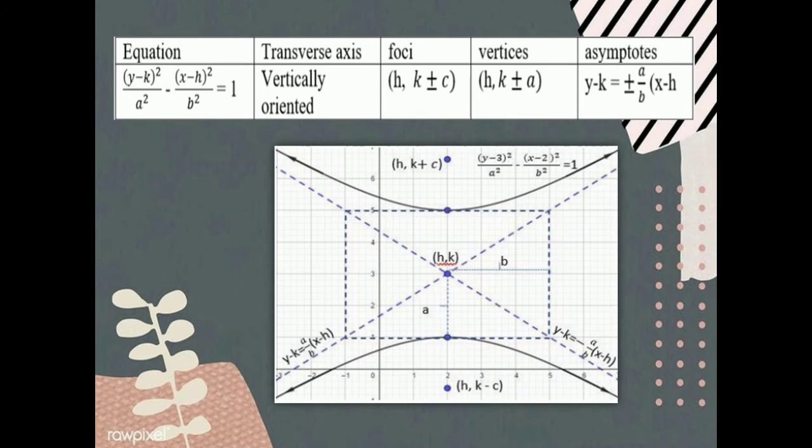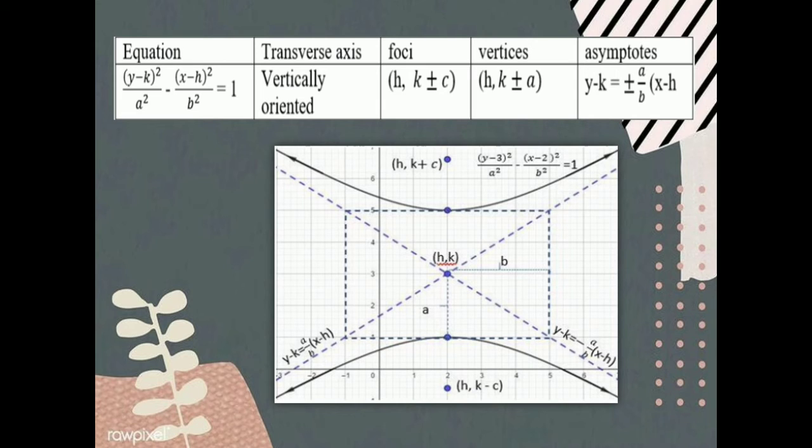And the second equation is the quantity y minus k raised to the power of 2 over a squared minus the quantity x minus h raised to the power of 2 over b squared equals 1. The transverse axis is vertically oriented. The coordinates of the foci are (h, k plus or minus c).